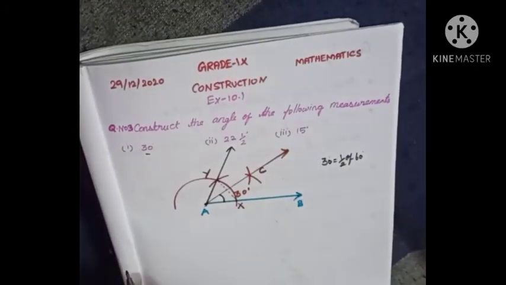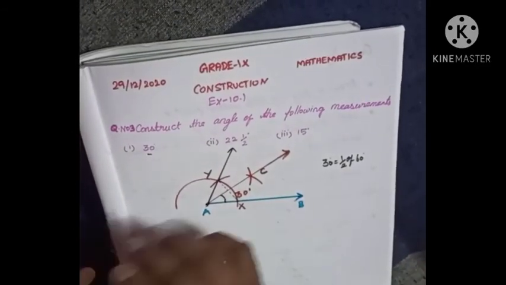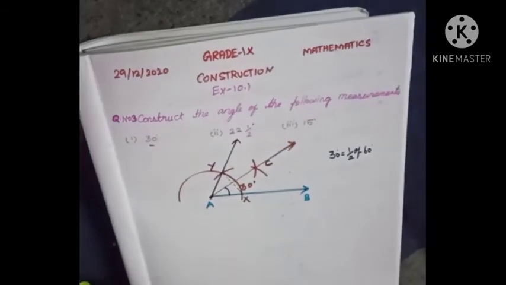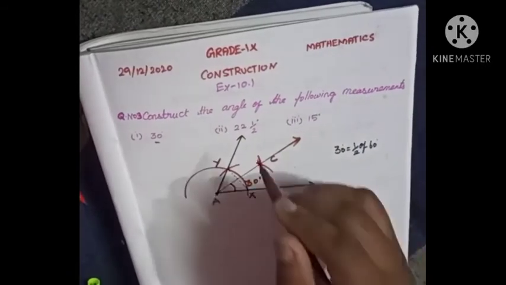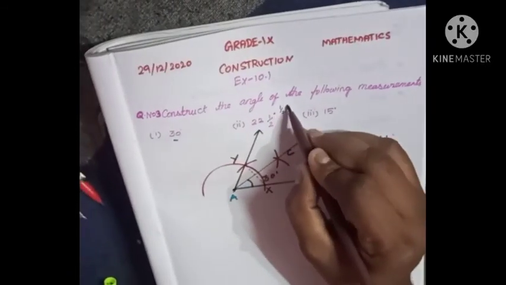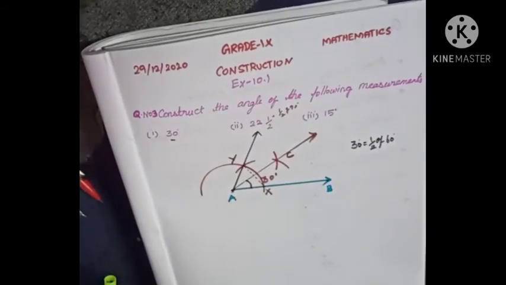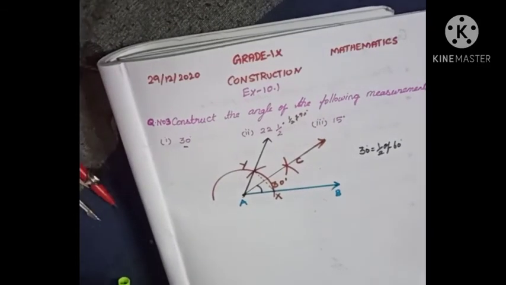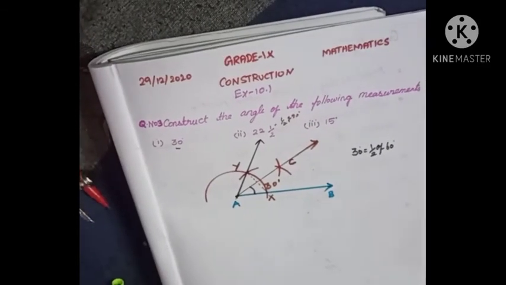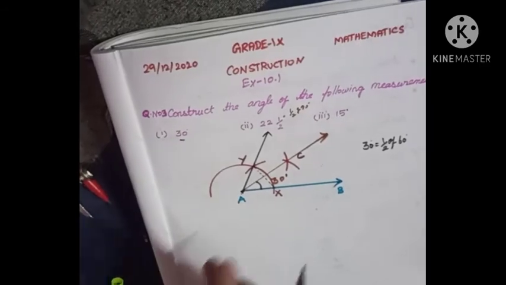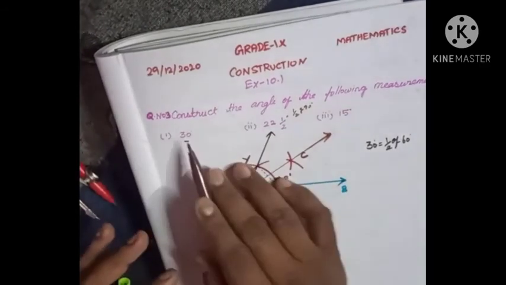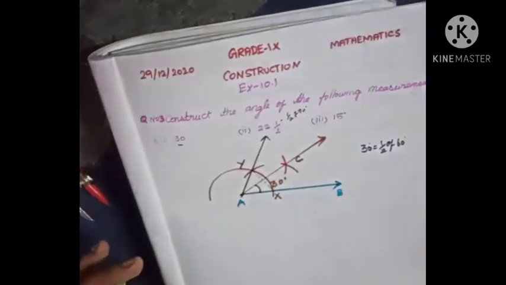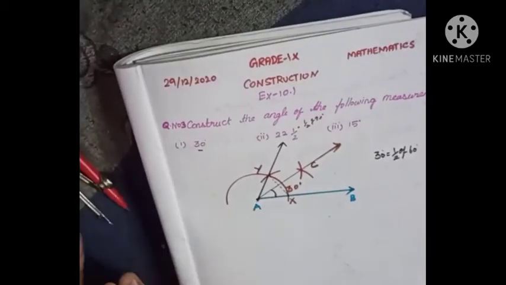In the same way we need to go with 22.5 degree. So 22.5 degree is half of 45, and 45 is half of 90. So what do you need to do? You want to take 90 degree. You focus only on 90 degree, and for the remaining arc you won't draw any ray. For 30 degree I drew the ray for the 60 degree angle because it is half of 60.